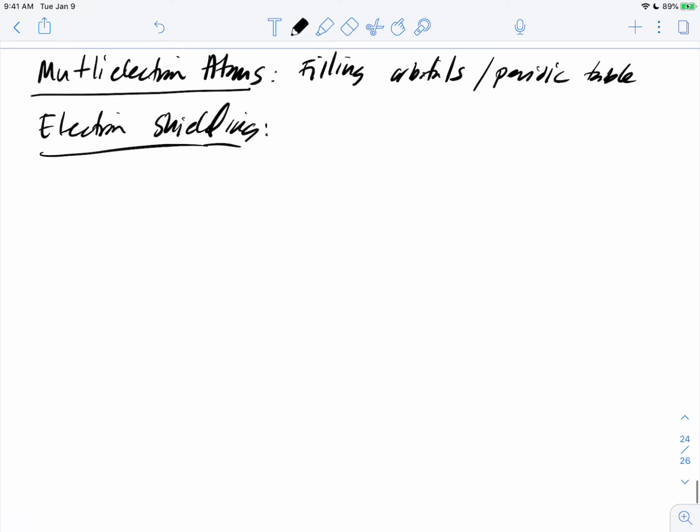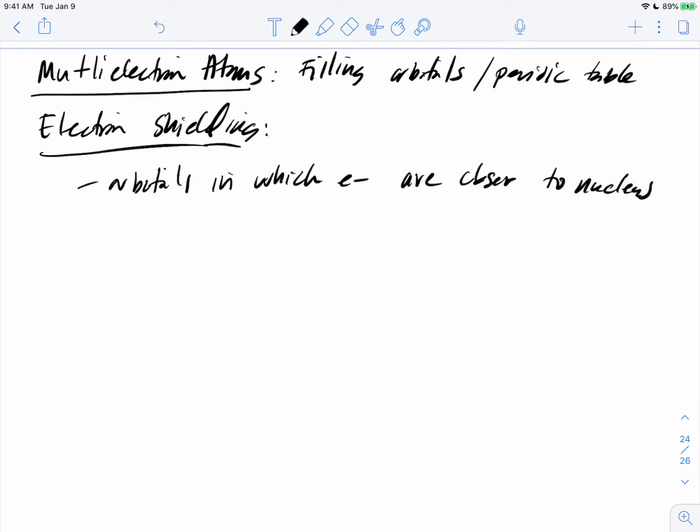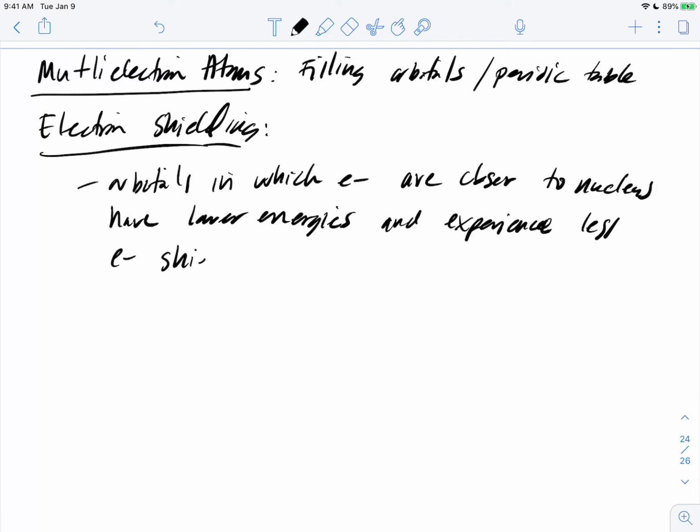If we just explain this a little bit, we have orbitals in which electrons are closer to the nucleus and have lower energies, because there's higher attraction since they're closer to the positive nucleus, and they experience less electron shielding.